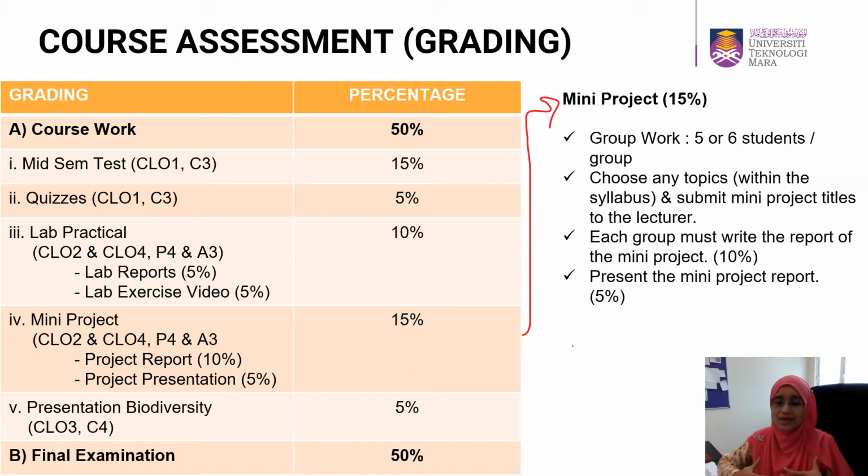So this is just like a proposal of the experiment. Okay, and then you are going to come up with the hypothetical results, discussion, and then conclusion. Okay, and also you must state the references that you use to do the mini project.